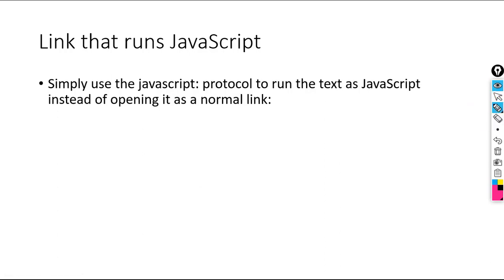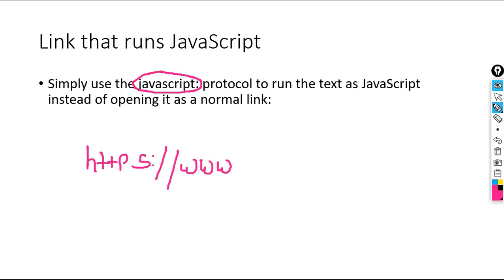Simply, we can make use of the JavaScript protocol. Let me explain. While navigating any website, we write the HTTPS protocol in the URL bar. HTTPS colon slash slash www.google.com.